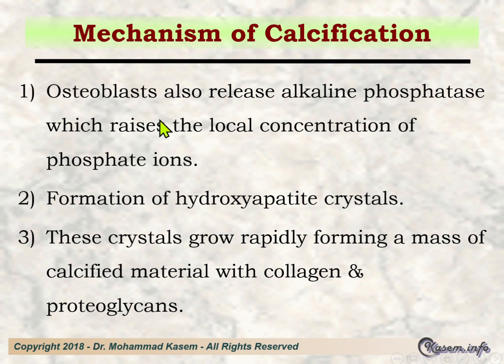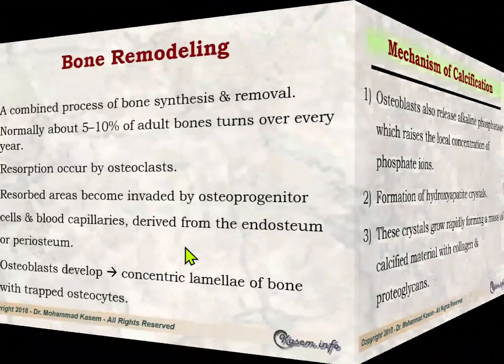Osteoblasts also release alkaline phosphatase, which raises the local concentration of phosphate ions. This is followed by the formation of hydroxyapatite crystals. These crystals will grow rapidly, forming a mass of calcified material with collagen and proteoglycans, giving the hardness of bones.